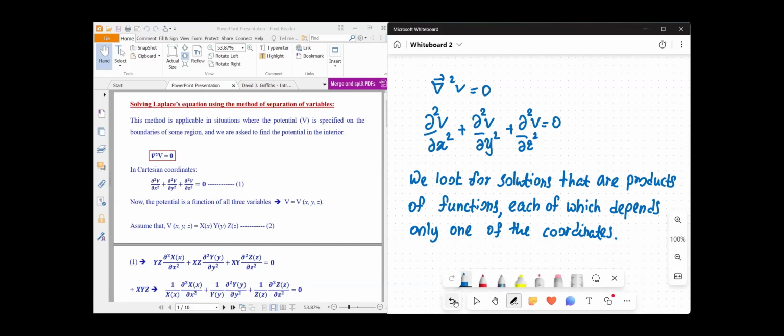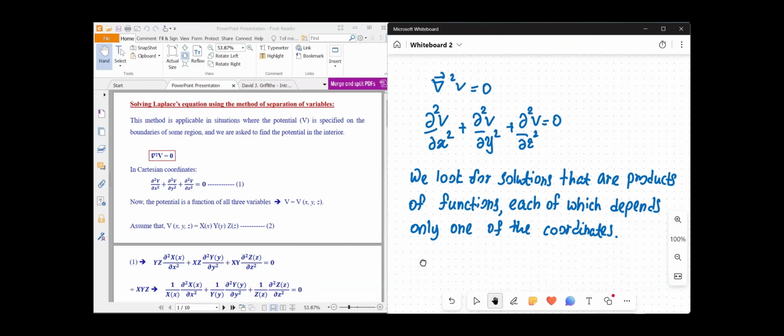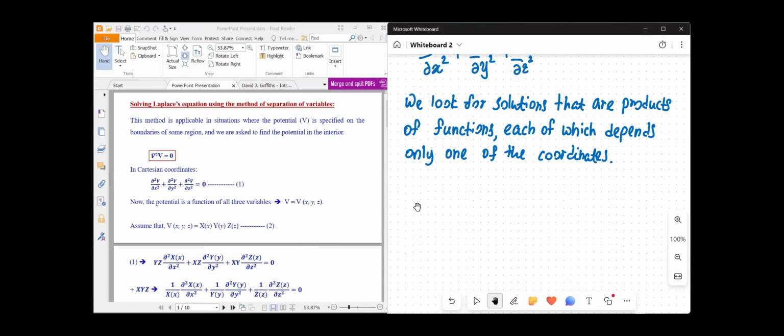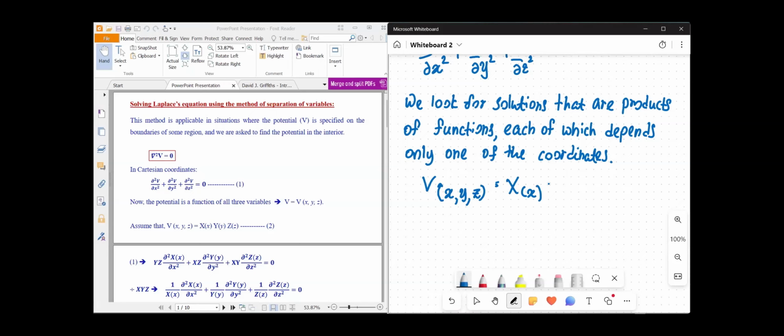Then we can state that the potential has x, y, and z components. So we look for solutions that are products of functions: a function of x times a function of y times a function of z.